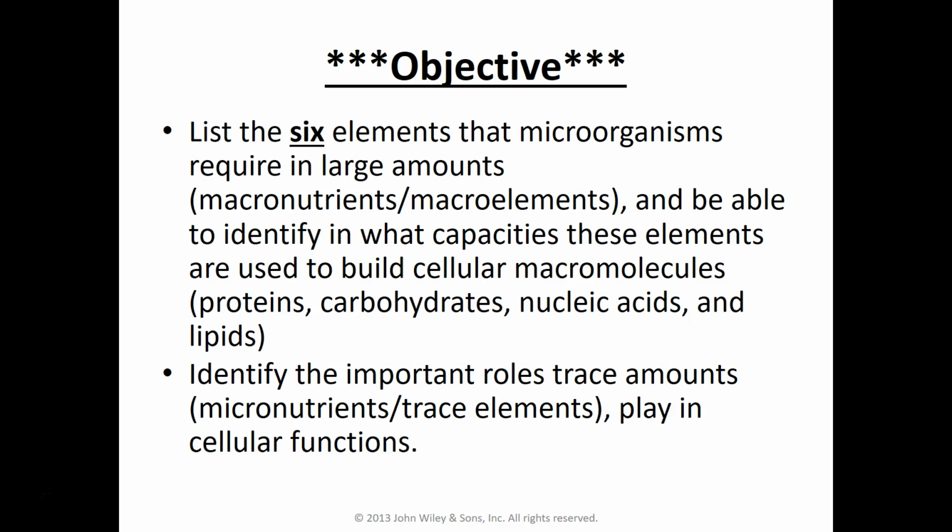But all cells, right, have proteins, which are made by ribosomes. They all have carbohydrates, which typically they use for what? What do we use carbohydrates for? You think of sugars, right? Disaccharides, 2 sugars, right? Polysaccharides, many sugars, right?